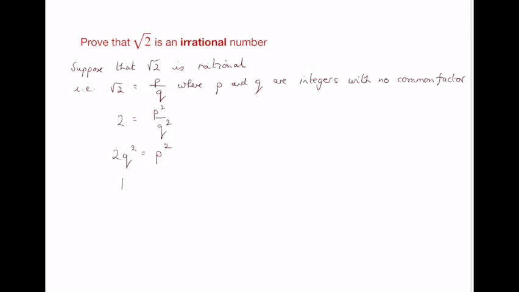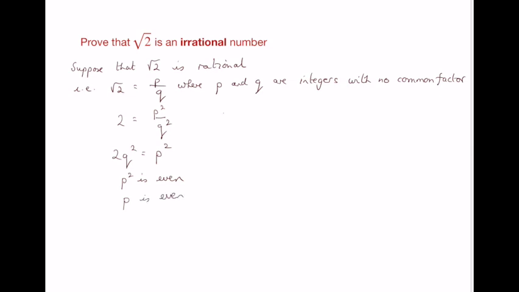Now that tells us something. That tells us that p squared is even. Now p squared could only be even if p itself were even. If p were odd, an odd times an odd is an odd, so p therefore must be even.